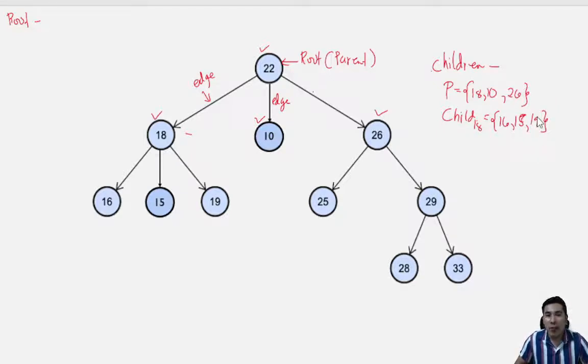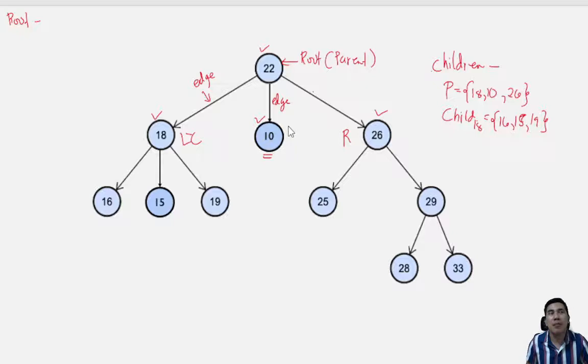We also have what we call left child and right child. Basically, left children are those nodes found in the left subtree of a binary tree, or a tree rather. So this is the left child, this is the right child. In a general tree, you also have a child at the center.